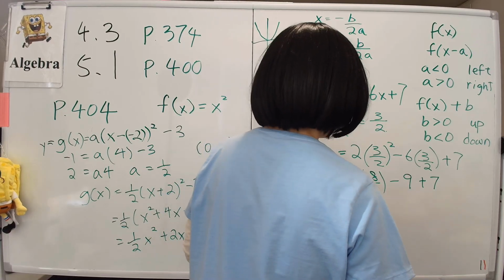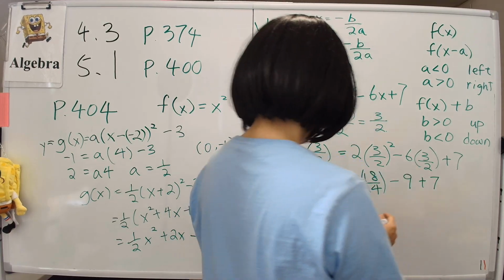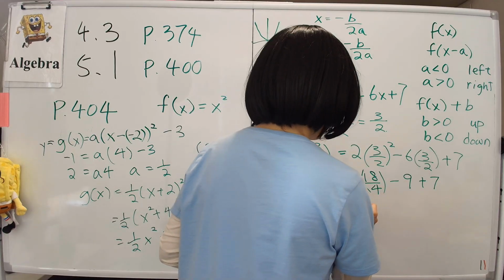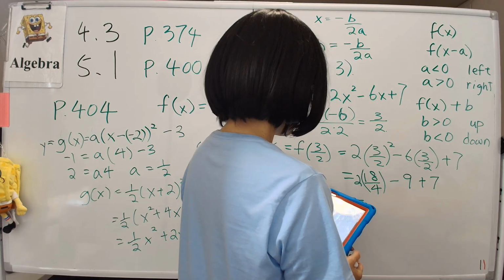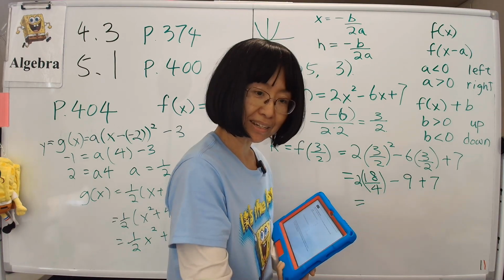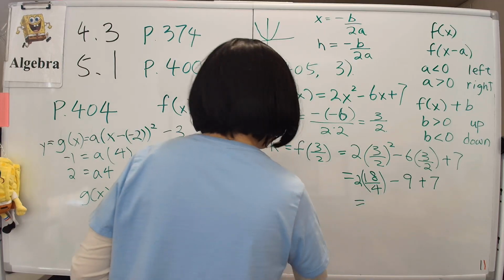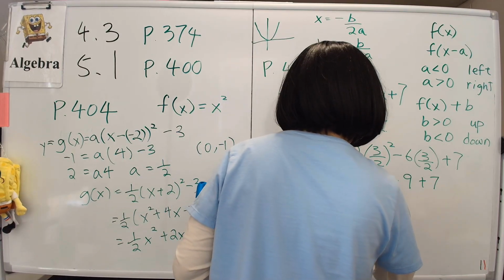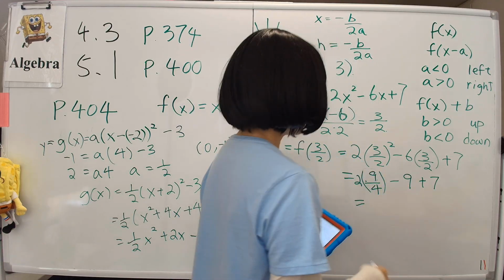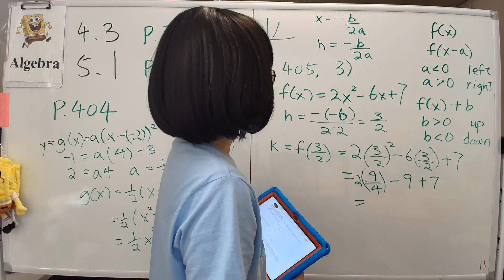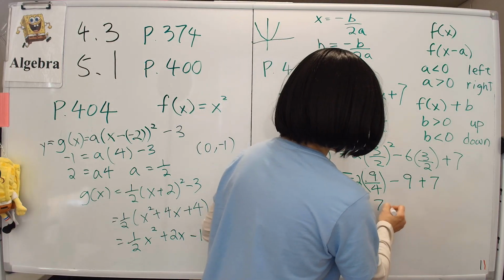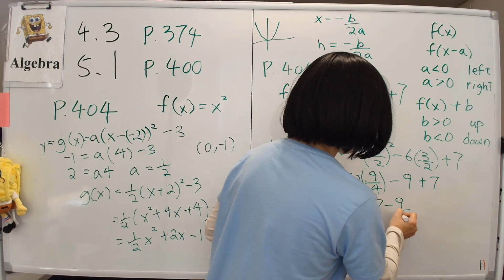Divide by 4, that's better. That is 9, for heaven's sake. That's 9 over 4. Minus 9 plus 7. That is 9 over 2. That's 7 minus 9 over 2.